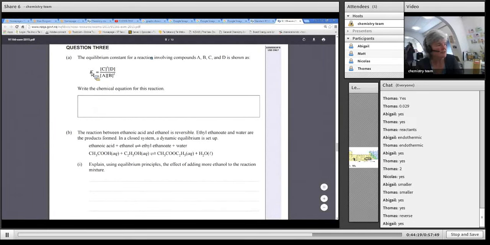If you get given the Kc, remember the C just stands for the equilibrium constant using concentration, you have to write the chemical equation. So what would that be? Remember, what's on top, the numerator, are the products, and what's at the bottom are the reactants. And these little numbers up here, the 2 and the 3, are the stoichiometric values. So does anybody want to type in the equation?